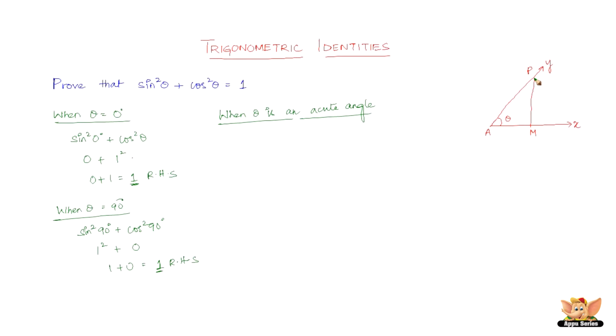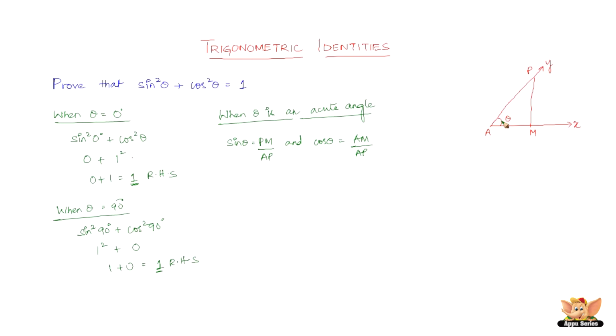Let P be any point on the side AY other than A, and draw perpendicular PM from P on the initial side AX. So now in triangle AMP, we have sine theta equals PM by AP and cos theta equals AM by AP.